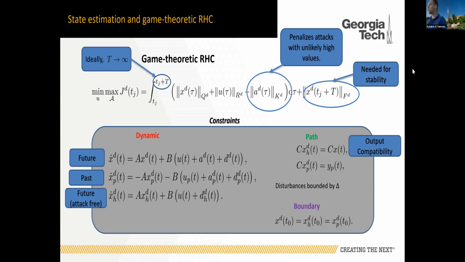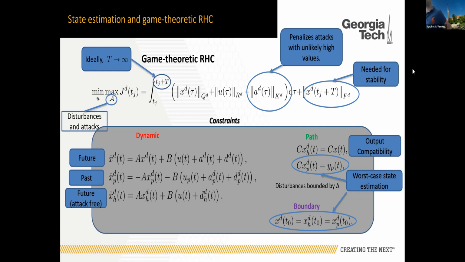So the output compatibility, remember, is for stealthiness. This is a constraint that we want to force so that the attacker doesn't get detected, because then it becomes too easy. And of course, we have to incorporate some other ones because of worst case state estimation, all there to make sure that the problem is feasible and has the required solution.